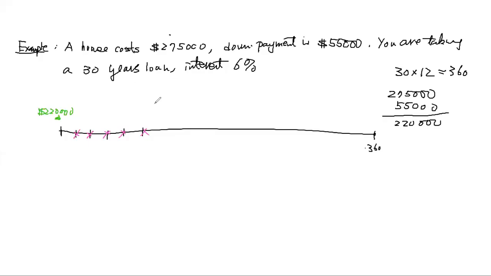All right, so now you find out your payments here. So each month, your payment is 1319.01.